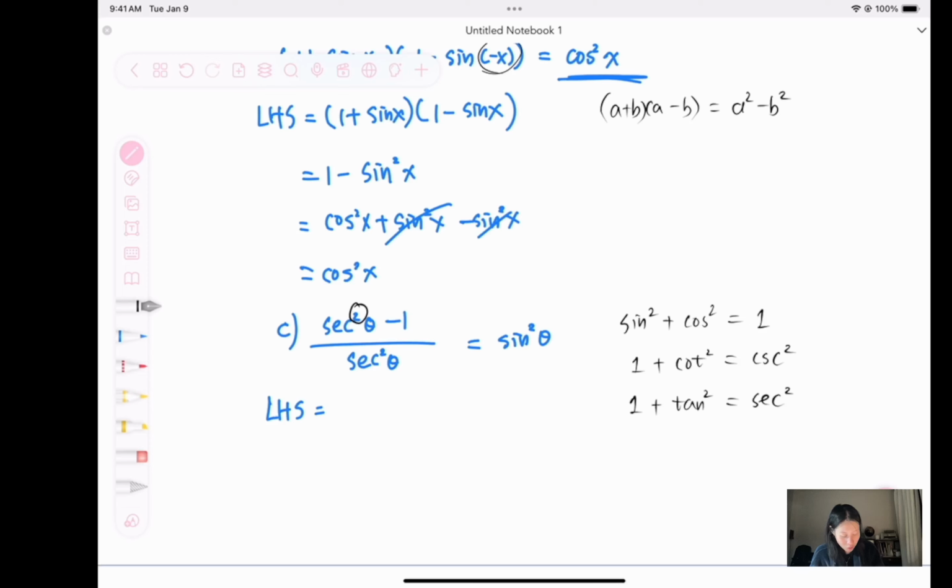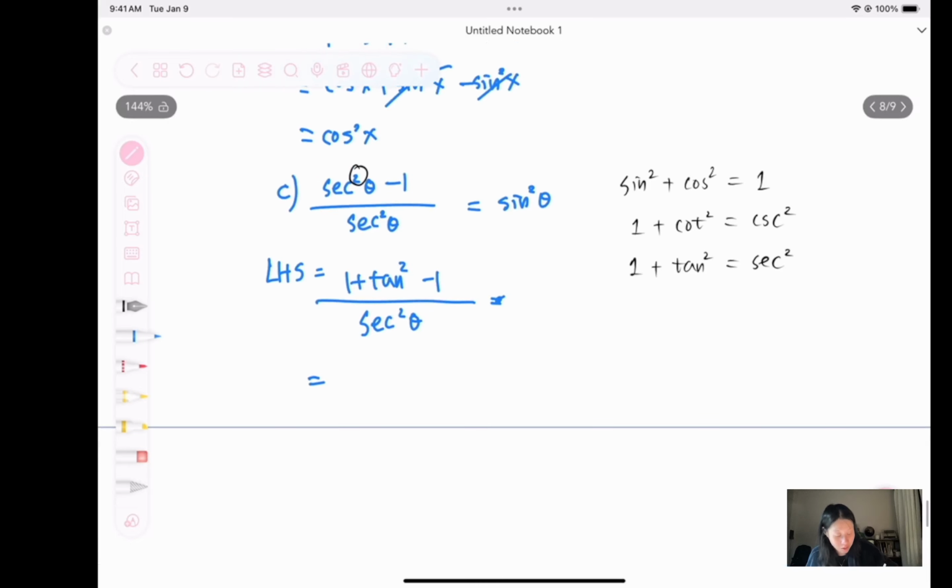Okay, so secant squared, we write it as 1 plus tangent squared, then minus 1. Again, secant squared on the bottom, I don't want to do anything now. I can do this later after I simplify the top. So 1 minus 1 gives you a 0. Tangent becomes sine over cosine.